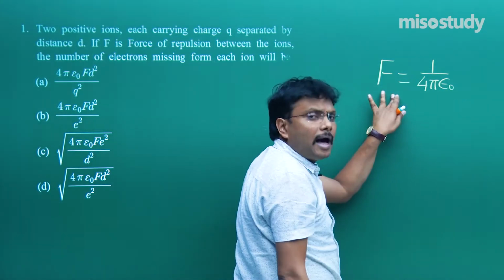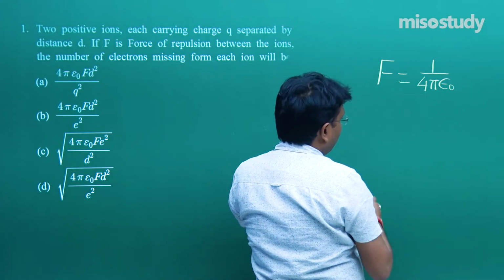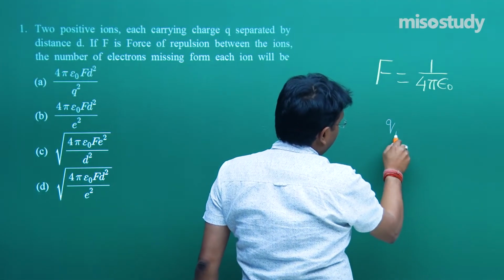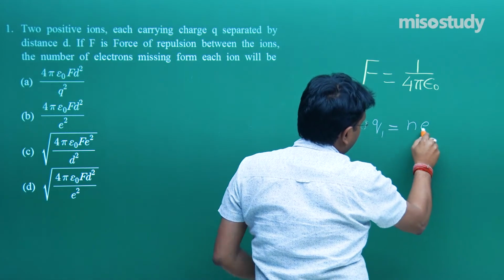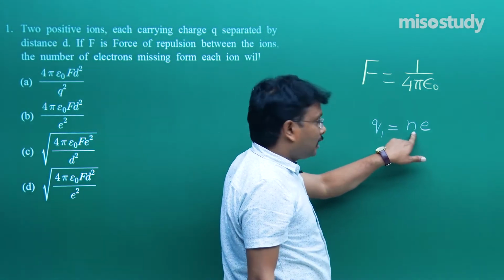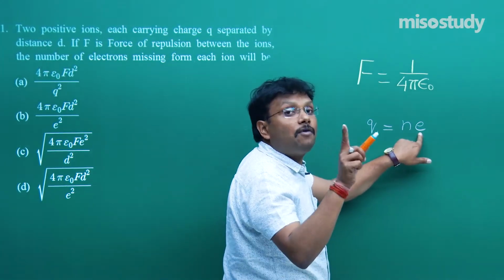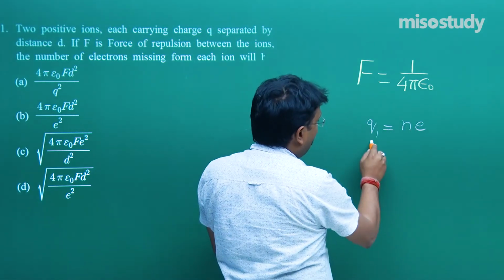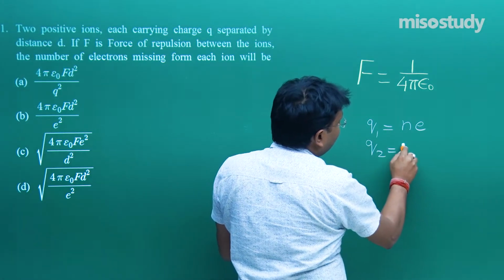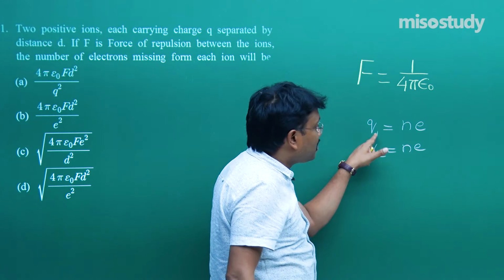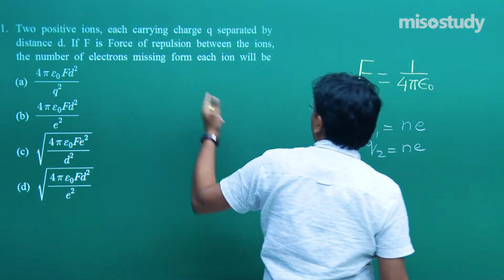No problem to anyone. Now, let's say Q1 is equal to Ne, where N is the number of electrons and e is the charge of one electron. Q2 is also Ne. Now why am I saying Q1, Q2 are the same? Because it is given in the problem.